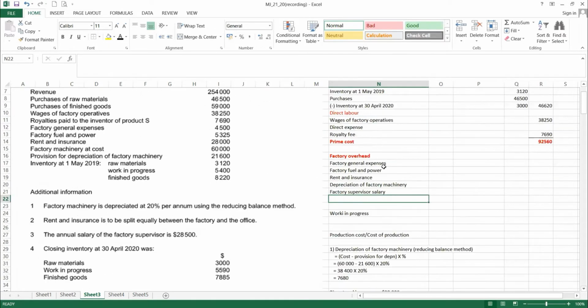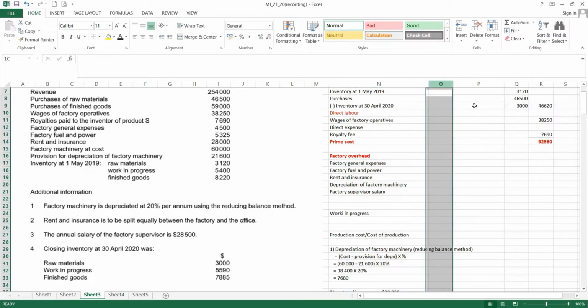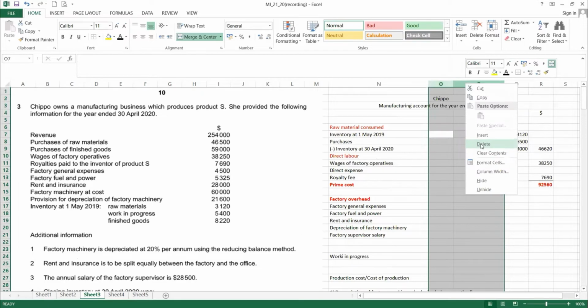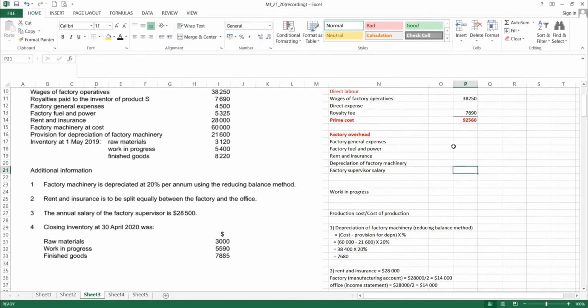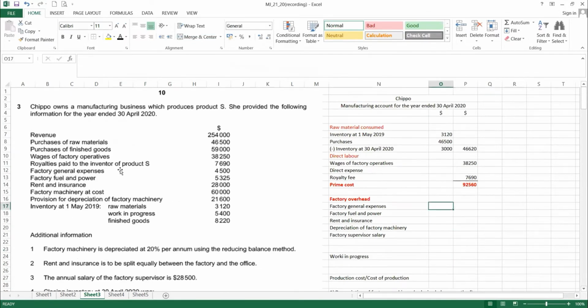Okay, so now we can put in the amount. Before we can put in the amount, take notes whether there is any adjustment. Okay, because this one, let me adjust it. So factory general expenses. Okay, let me underline. Too many lines make me confused. I couldn't see properly. Okay, let me see properly. First are the amount. Factory general expenses is 4,005, no adjustment.